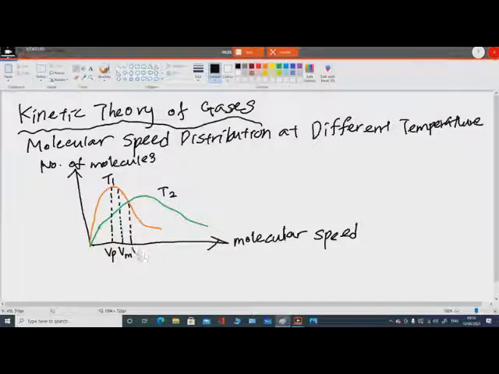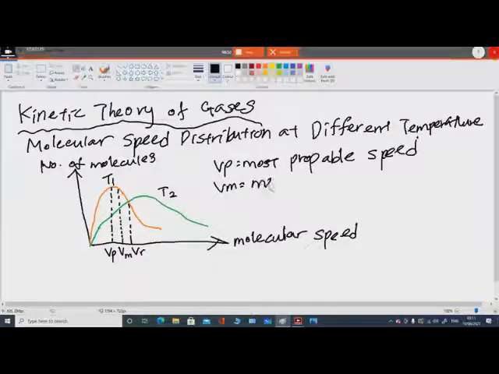Let me write these down: this is the most probable speed, and this is my mean speed.